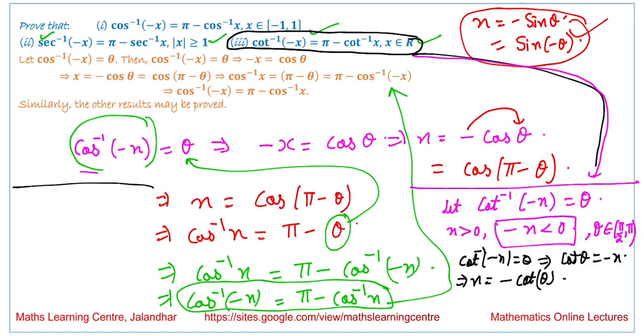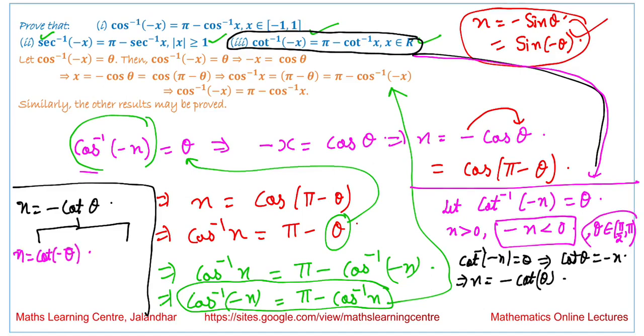Now look at this value over here. When I am writing x is equal to minus cot theta, we can consider two cases. First, we can write x is equal to cot of minus theta, where theta belongs to the interval pi by 2 to pi. So minus theta will belong to the interval minus pi to minus pi by 2.